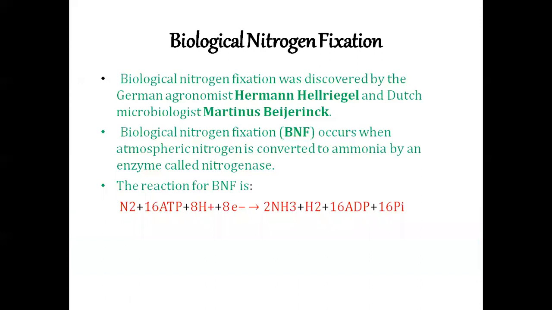Biological nitrogen fixation is nothing but the use of biological things, such as plants, algae, and microorganisms. The German Hermann Hellriegel and the Dutch microbiologist Martinus Beijerinck first discovered this biological nitrogen fixation. And here is the simple equation. You can see the reaction of biological nitrogen fixation.